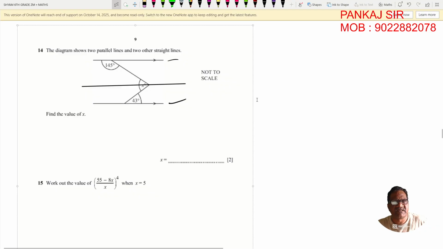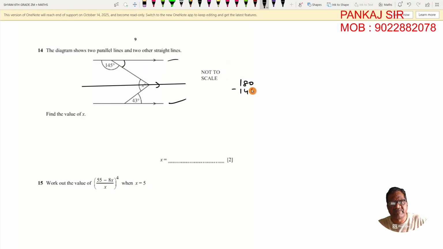So what I am doing is I am drawing a third line which is also parallel to both these lines, okay? Now what happens, this is 145, so this has to be 180 minus 145. So 180 take away 145 is 10 minus 5 is 5 and 7 minus 4 is 3. So this happens to be 35.